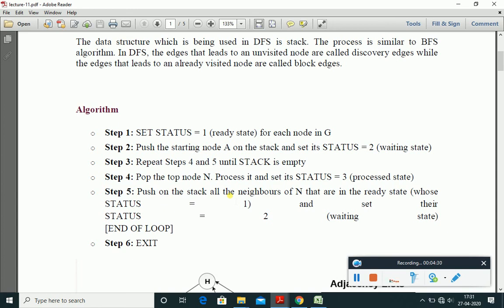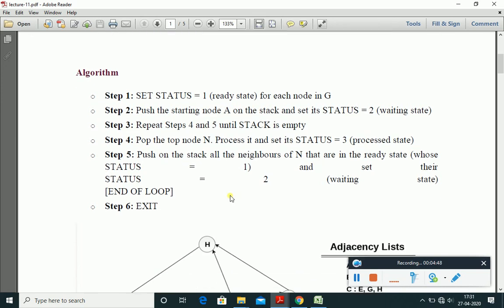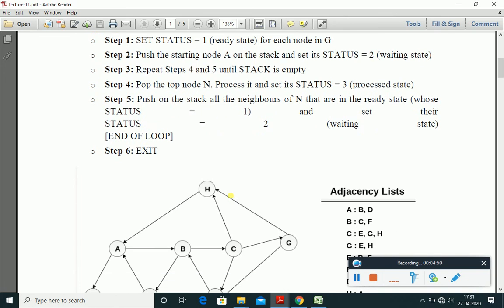Status equal to 1 means the vertex has not been pushed into the stack until now. So if you find that an adjacent vertex has status equal to 2, there is no need to push it again. We continue this process and finally we achieve depth first search.